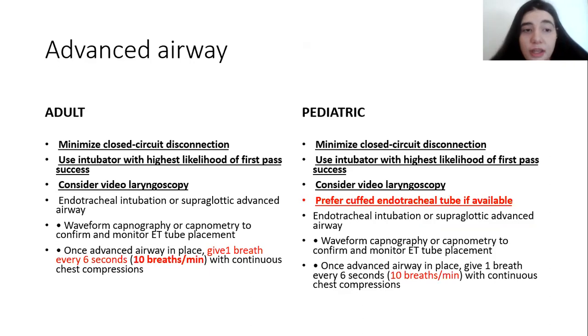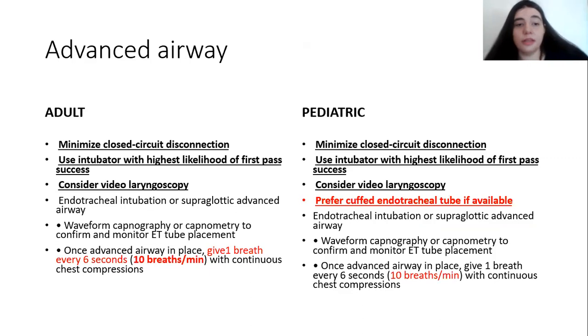For the advanced airway, you need to minimize closed circuit disconnection. Use the intubator with the highest likelihood of first pass success, of course, to reduce exposure. And consider video laryngoscopy if it is less difficult, okay?